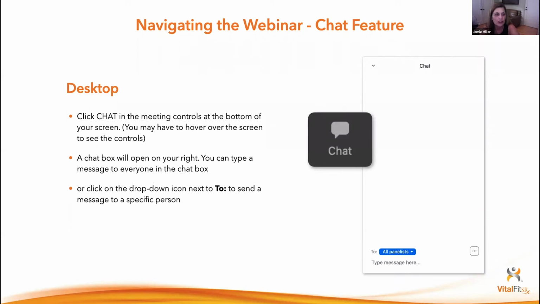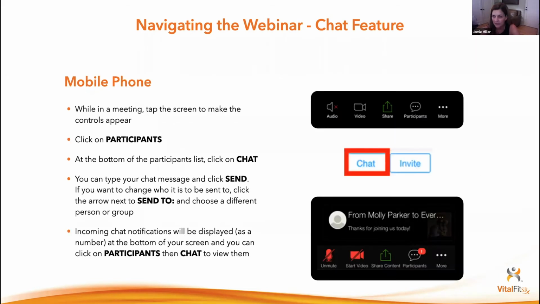If you look at the desktop, you'll see the chat in the meeting controls at the bottom of your screen. So depending on what screen you're looking at, down at the bottom, you'll see chat. And if you click on that, it should open up on the right-hand side. You can type any type of message in that to everybody in general. You can also choose certain people with the drop-down menu.